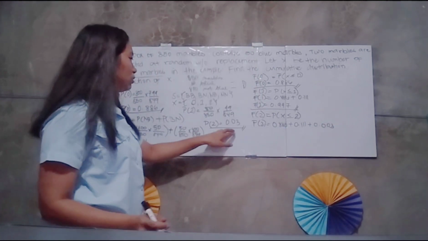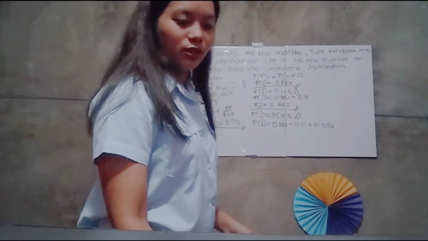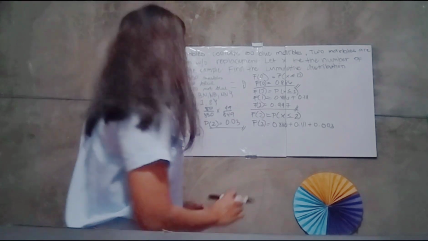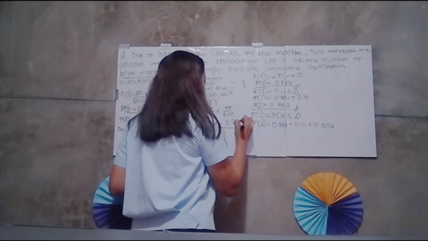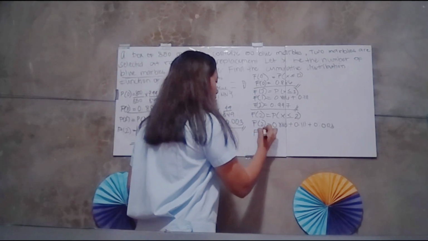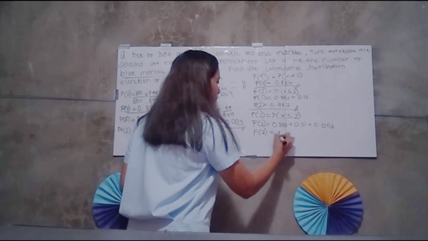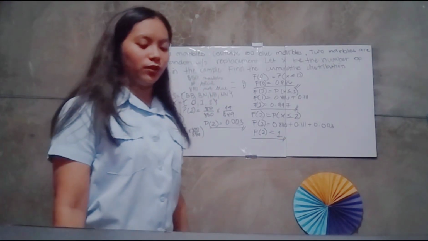So, meron pala tayo ditong error kanina. Ang dapat na sagot doon ay 0.03. So, i-edit lang natin to. Ayusin lang natin. So, ayan. So, F of 2 is equal to 1.